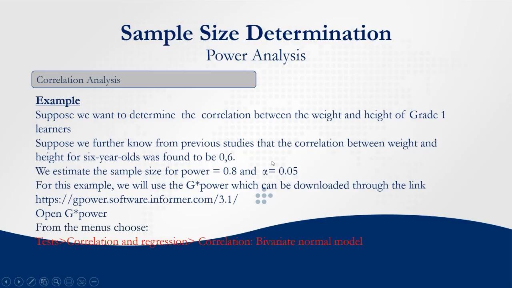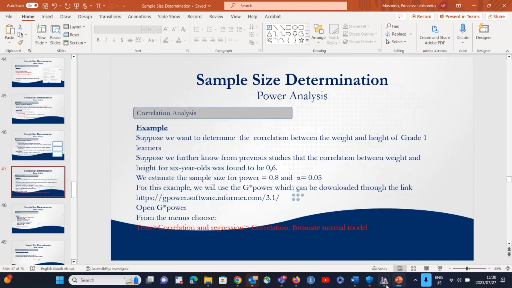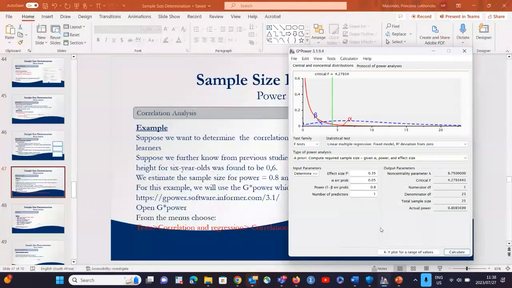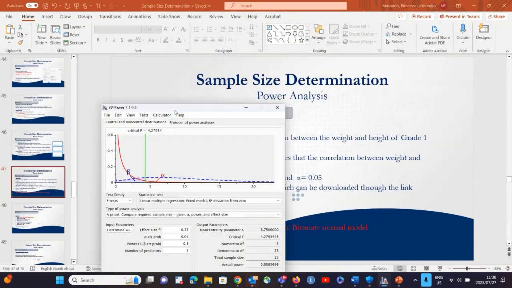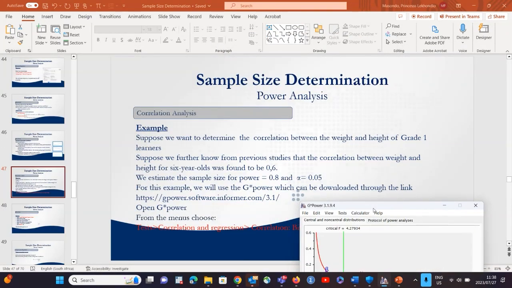So maybe for the G power, which I will send, which we can also use, the G power is loaded. You can also use this G power tool. So here we are looking at correlation. It's different to the other one where we were comparing the groups.